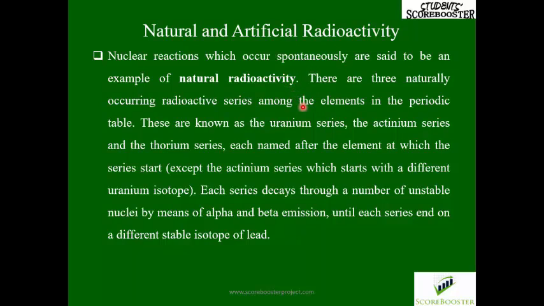So in this series, we have what is called the uranium series, the actinium series, and the thorium series in the periodic table. Those series, and the elements that follow actinium, thorium and uranium, all of them are radioactive. And not ordinarily radioactive, they are naturally radioactive. They emit particles at will, with free will.